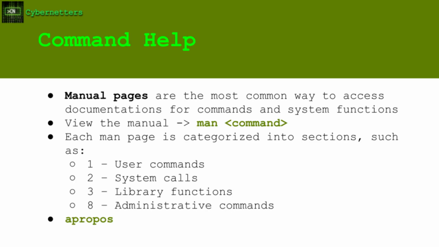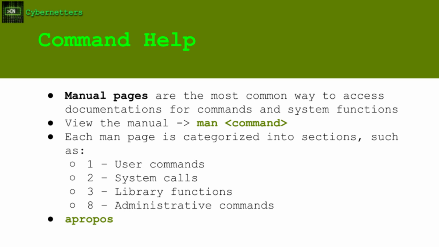So in Linux, the manual pages, also known as the man pages, are the most common way to access documentation for commands and system functions. To view the manual for any command, simply type man and then the command. For example, you can do man ls to display the documentation for the ls command.